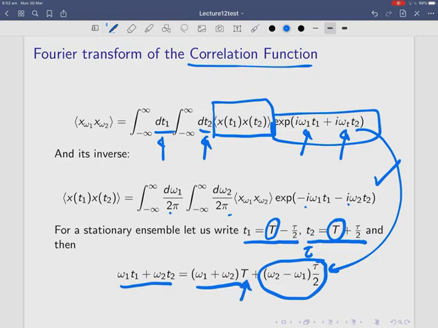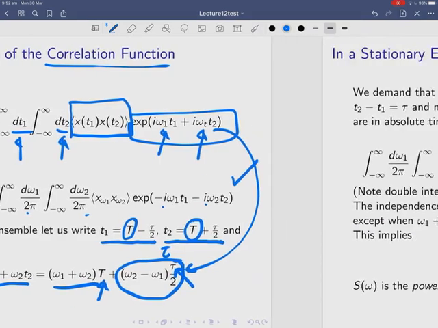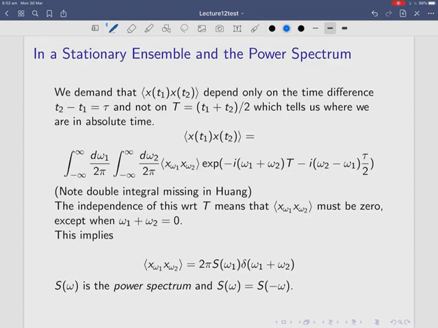This is the absolute time, and this is the difference in times between the two situations. If we have a stationary ensemble, then we can demand that it depends only on the time difference and not on the absolute time.